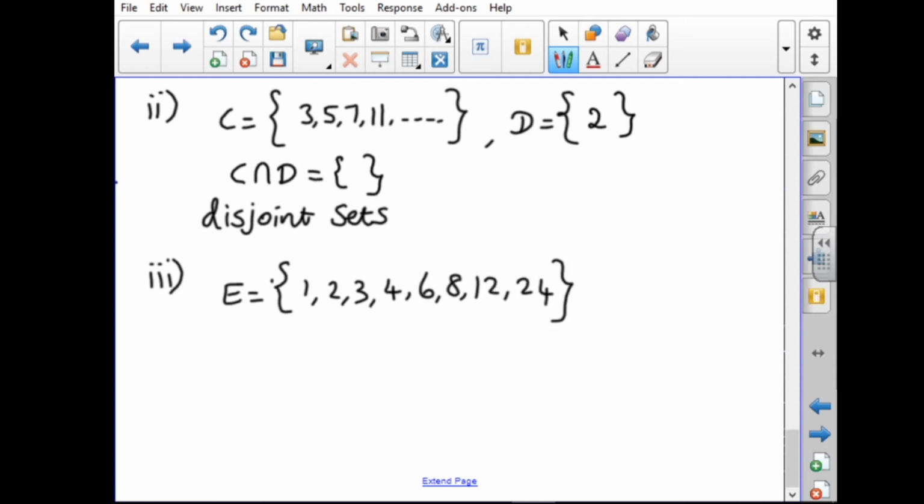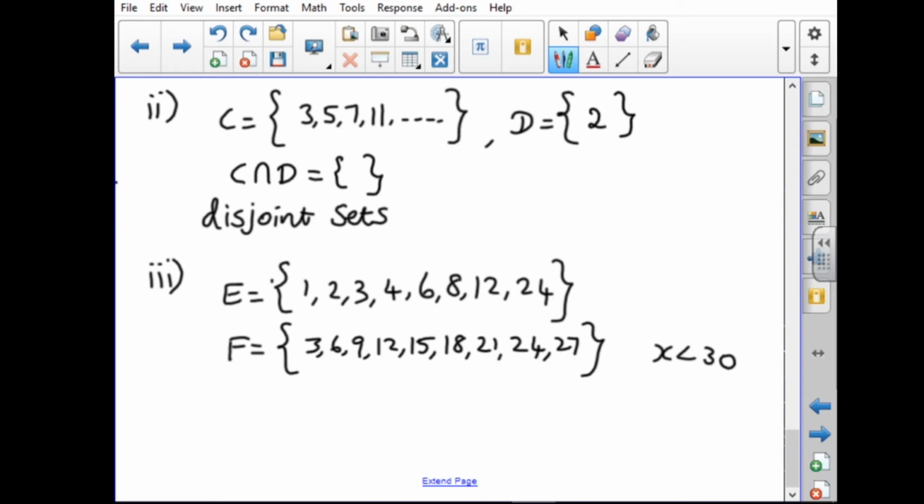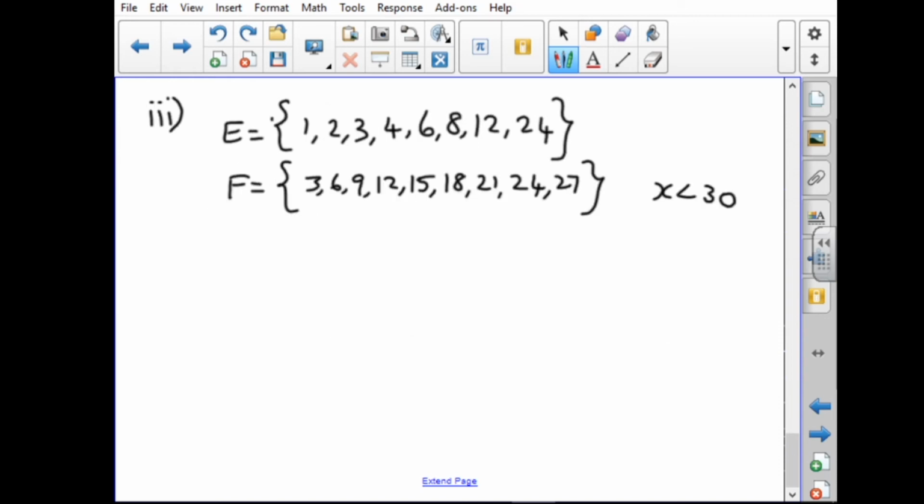These are the numbers that divide 24, so they are called factors. Then F is equal to x is a multiple of 3 and less than 30. Multiples of 3 are 3, 6, 9, 12, 15, 18, 21, 24 and 27, because the condition is x less than 30. So 30 is not included.